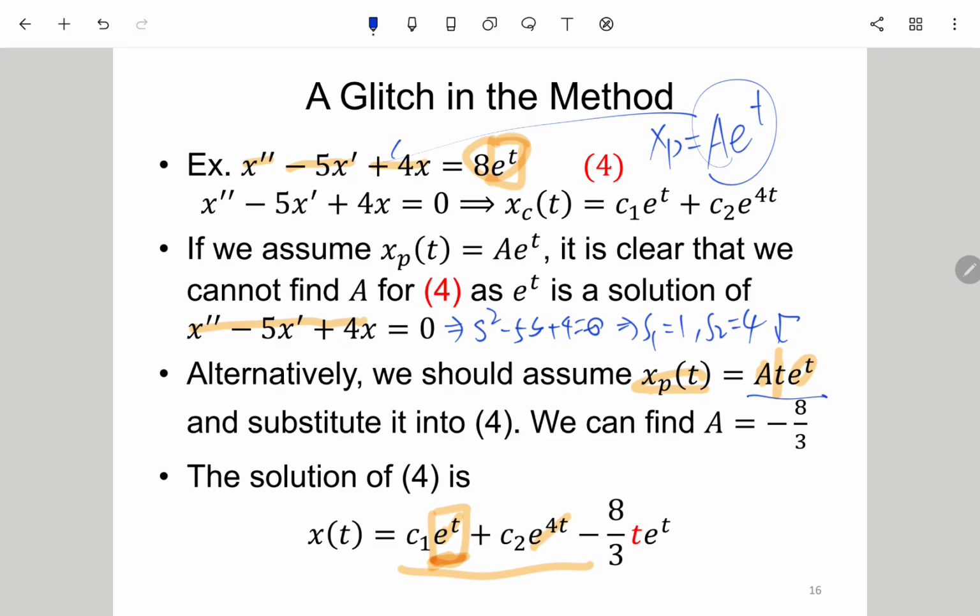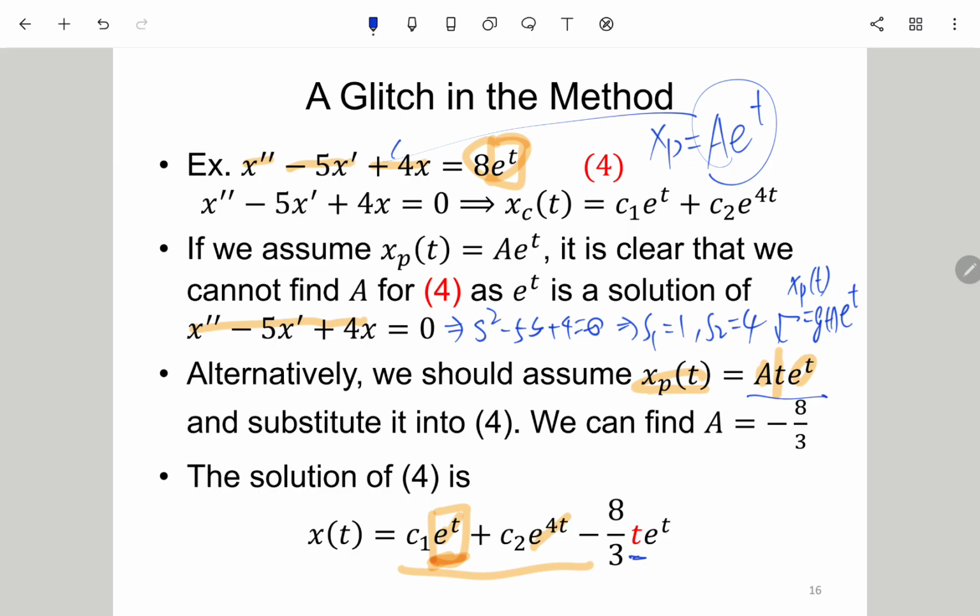If you ask why we need to multiply by t, you can do the same thing: let xp of t be g of t times exponential to t, plug it back into equation 4, and you will find that g of t is a linear function, which gives you this t.